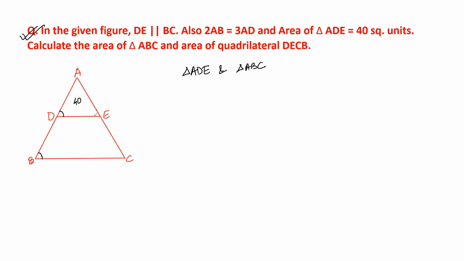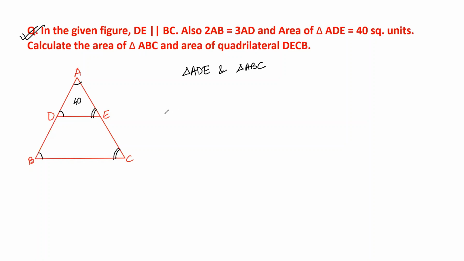And this angle for triangle ADE is also equal to this angle of triangle ABC as they are also corresponding angles, and angle A is common to the triangle ADE and triangle ABC. So all the three angles of triangle ADE and triangle ABC are equal. So triangle ADE and triangle ABC are similar triangles.